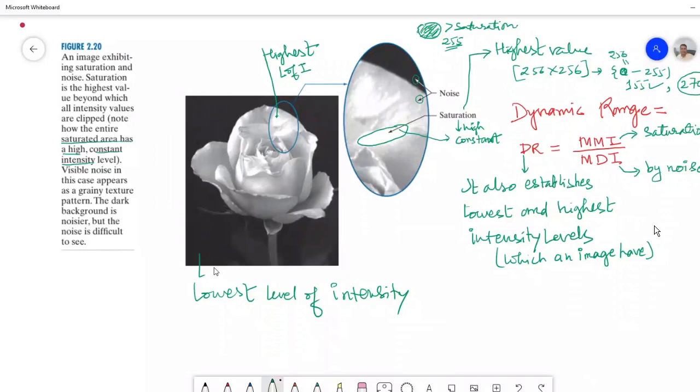So I have covered this dynamic range. It establishes the lowest and highest intensity level that a system can represent and consequently that an image can have. Any image can have a dynamic range, which can be anywhere, but you have to calculate it with the help of noise as well as saturation. And I have covered these two things, noise and saturation, with the help of the diagram.